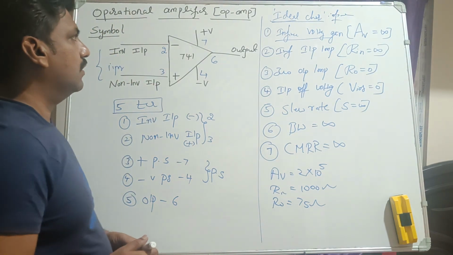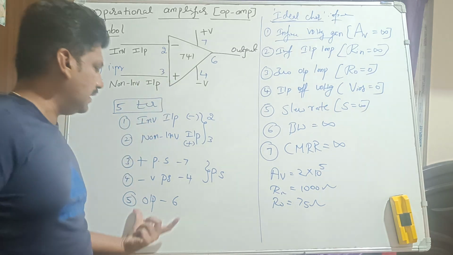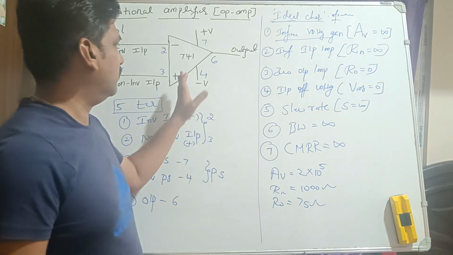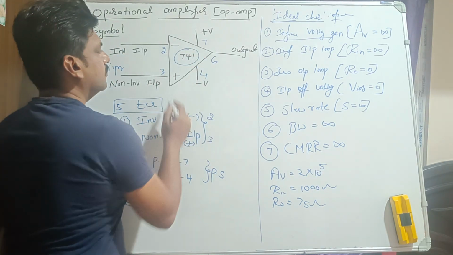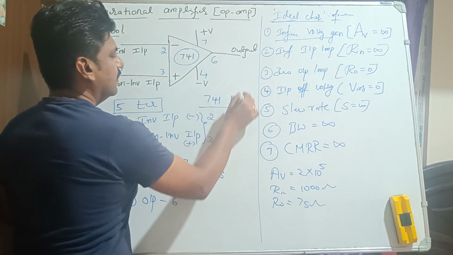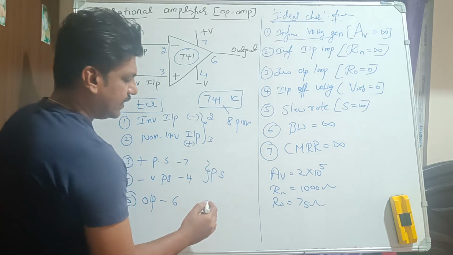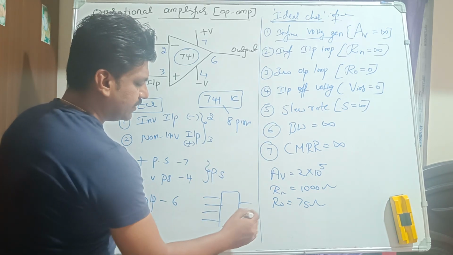So now, in this video we have seen the op-amp symbol and the terminals. The name of this op-amp is 741 IC. 741 is an 8-pin IC, so we number the pins 1, 2, 3, 4, 5, 6, 7, 8.